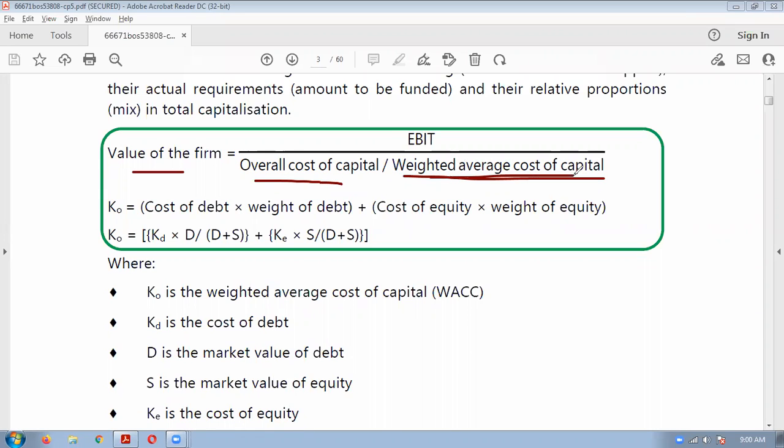How to calculate weighted average cost of capital, we will understand. You have already done it in your F5 BAF. So value of the firm will be EBIT divided by weighted average cost of capital, which you can also call overall cost of capital.